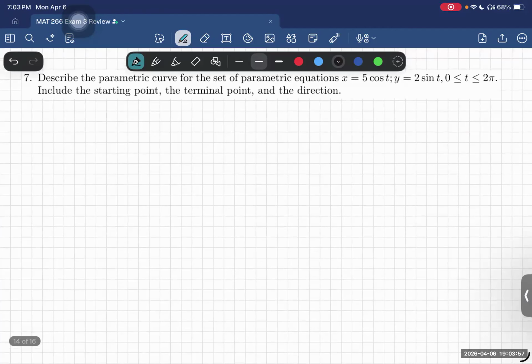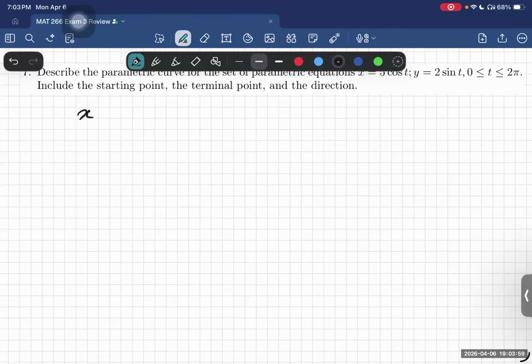All right, so let's just write down the parameters. We have x is 5 cosine t, y is 2 sine of t, and we have t from 0 to 2 pi.